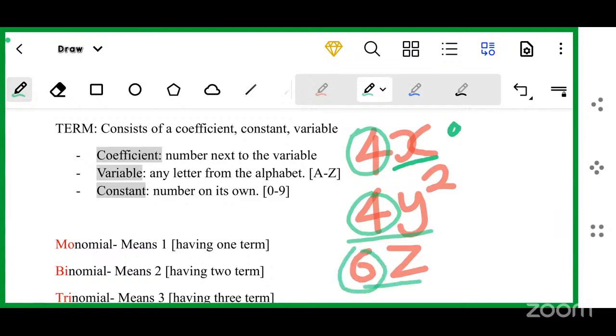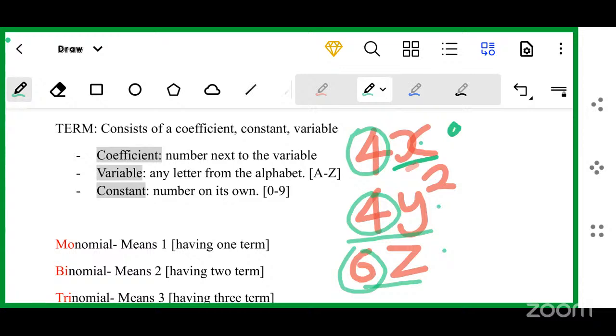It's 6, right? So we also have what we call a variable. A variable is a letter from the alphabet. Any letter that is in a term, it can be A, B, C, or any letter till Z, is called a variable. In the ones I've provided here, we have x, y, and z.